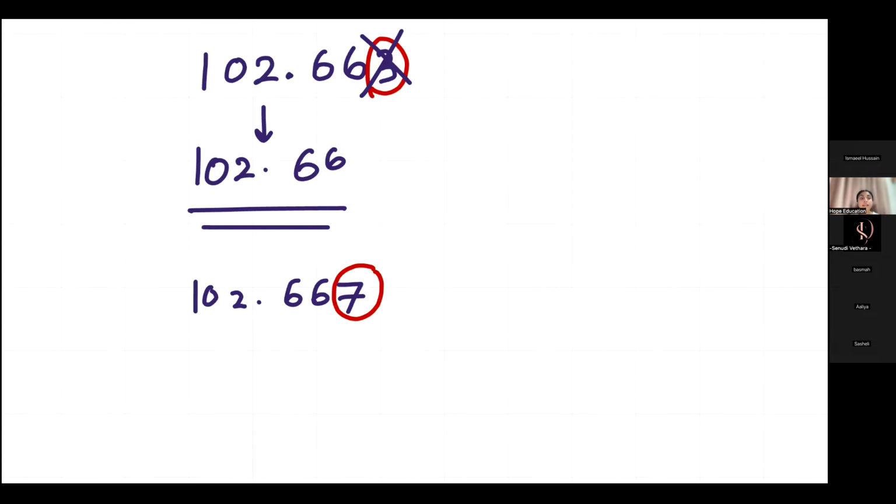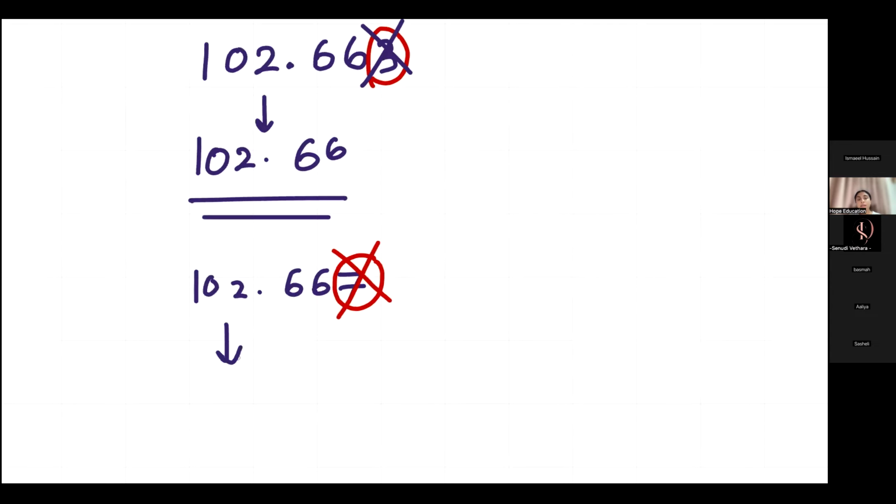Greater than 5. So when you are removing this, you can't just remove it. When you round off, the number before the number you're removing is 6 now. For that 6, you have to add another 1 and write it as 7. Okay, that is rounding off.